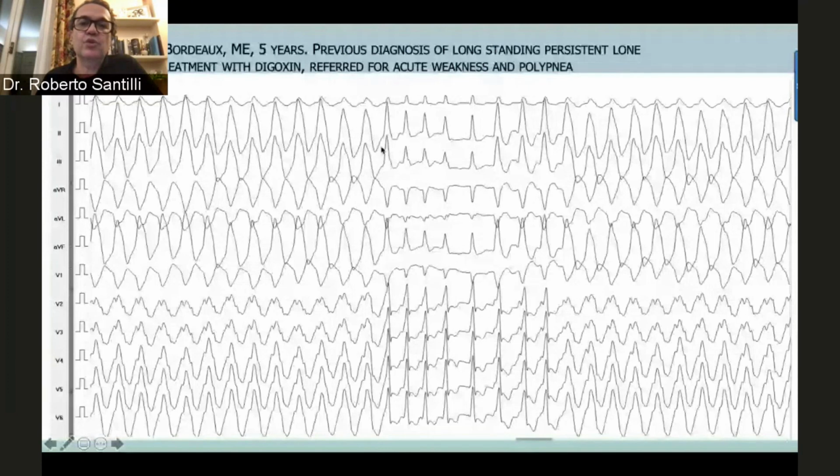So you have a fusion of the beat that is coming from the atria, going along the AV node, with the beat coming from the ventricle, and so you got a fusion beat that is a sign of VA dissociation, so ventricular atrial dissociation. Since he has ventricular arrhythmia, severe systolic dysfunction of the ventricle, and was already on digoxin, we added amiodarone. And amiodarone controlled the ventricular tachycardia while digoxin controlled the ventricular response of atrial fibrillation.